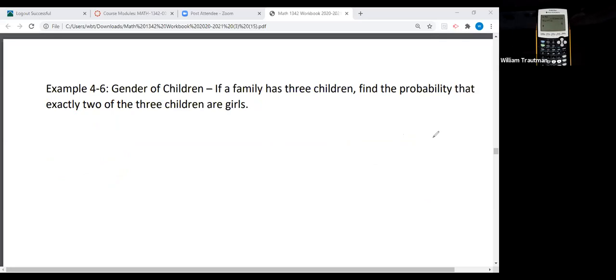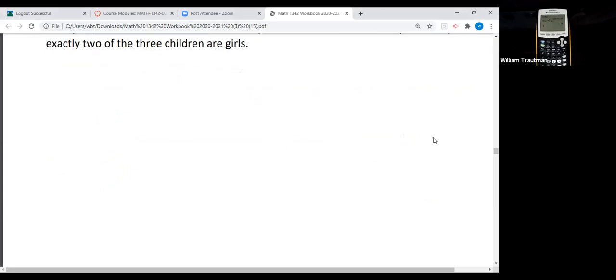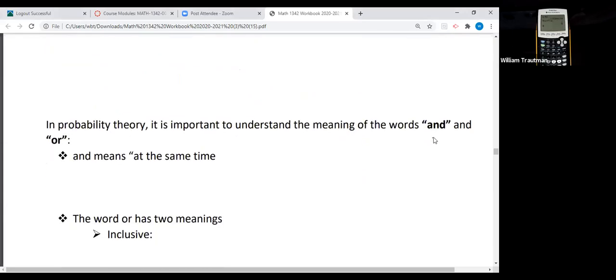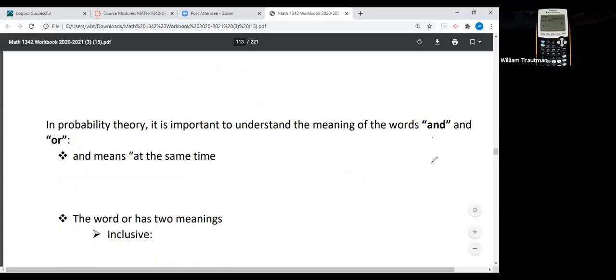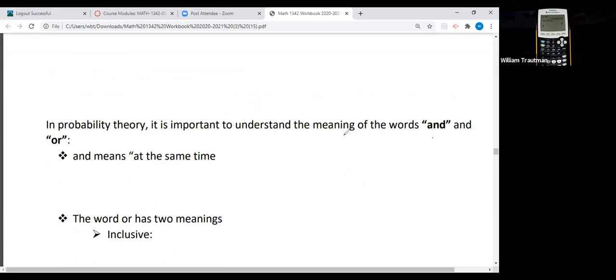All right, let's move on down. There's a couple words that we're going to look at, and we'll look at them more in detail, I think, in the next section. The word "and" and "or." "And" means the event has to happen at the same time.